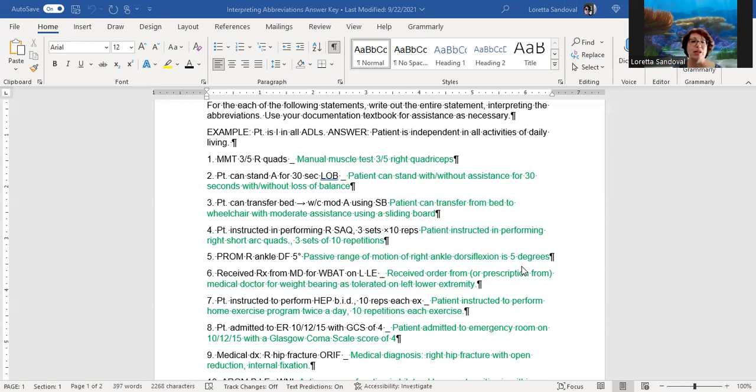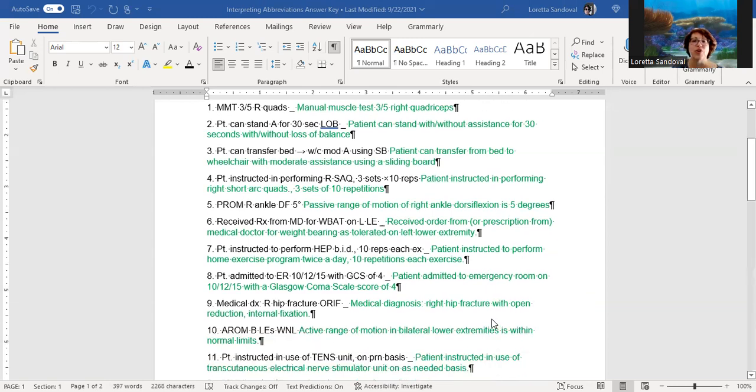So number 9, medical DX of R hip fracture, ORIF. So DX is another one of those X terms. There's a lot of them: TX, RX, DX, SX, CX. So those can be sketchy because people can misconstrue them. Medical diagnosis, DX is pretty clear, diagnosis. Right hip fracture with ORIF is the name of a surgery, open reduction internal fixation.